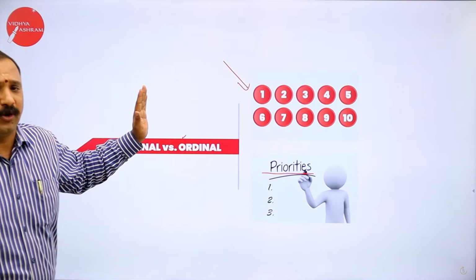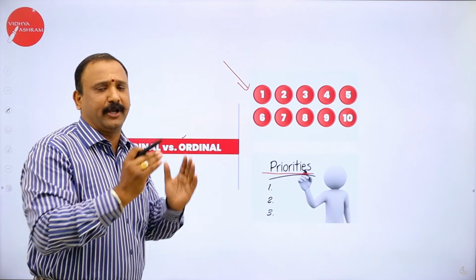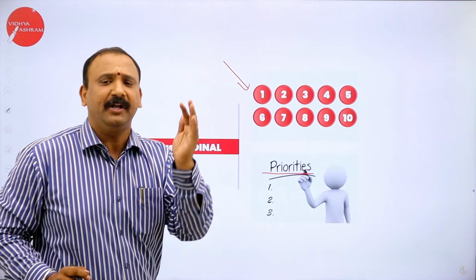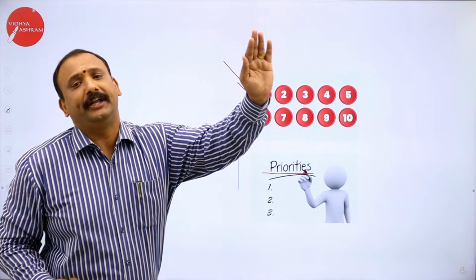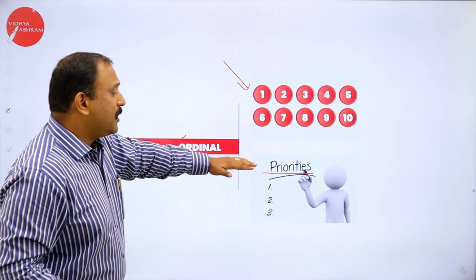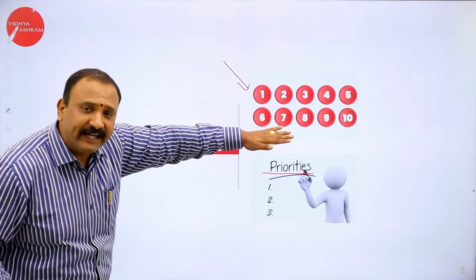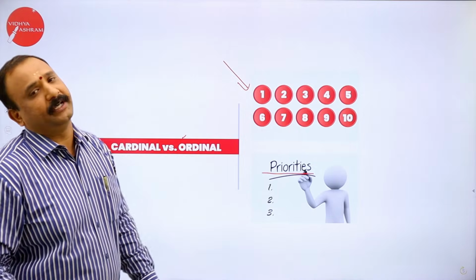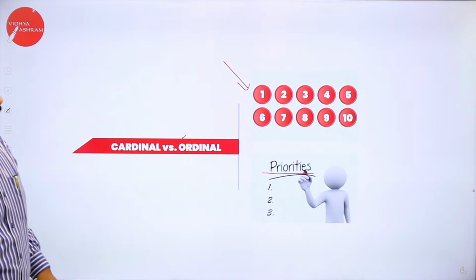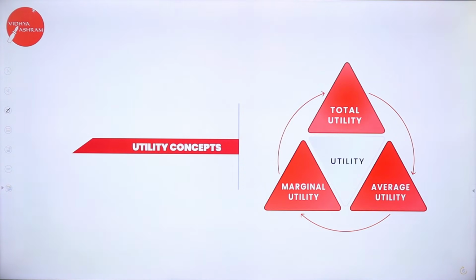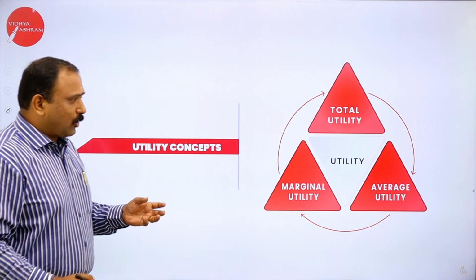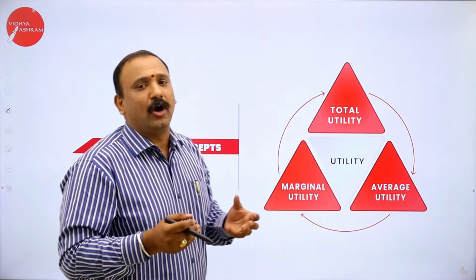You need to list down in your life the topmost priorities you have as a consumer, and you will go according to that. That's why ordinal utility and cardinal utility play a greater role in the theory of consumer behavior. Moving forward, now we are going to talk about utility concepts.